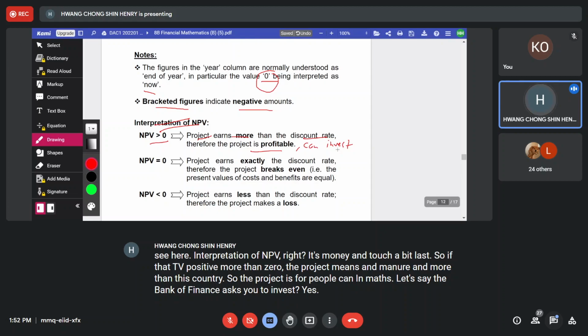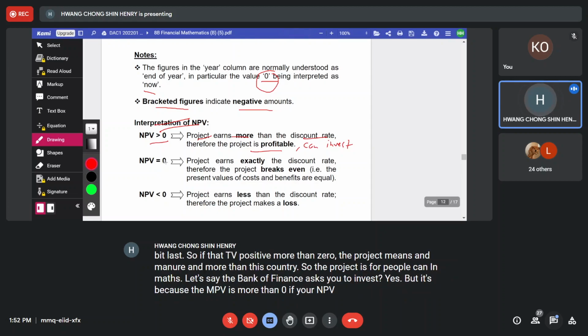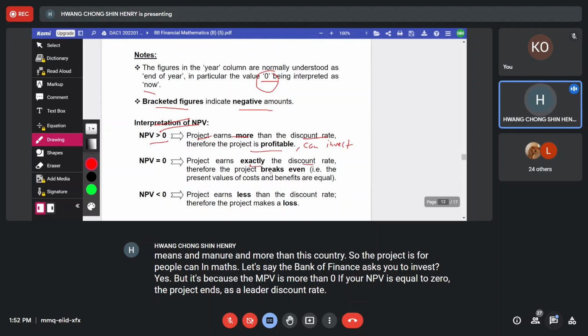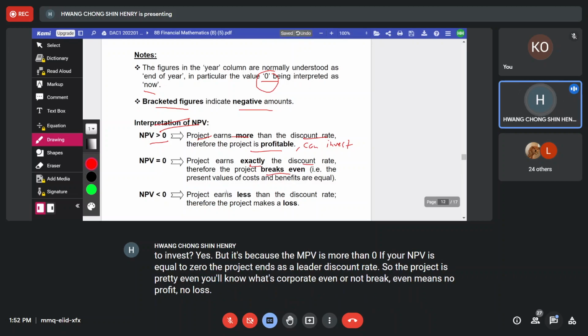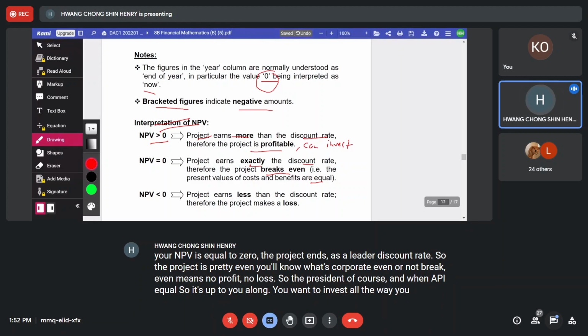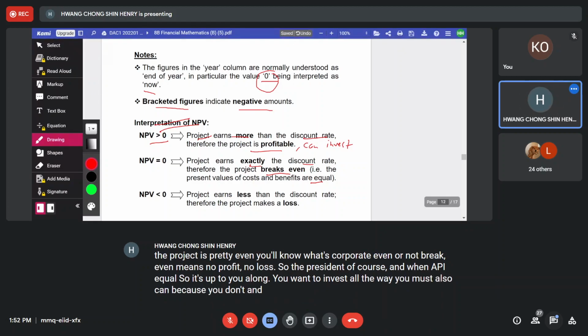Yes, invest because the NPV is more than 0. If your NPV is equal to 0, the project earns exactly the discount rate. So the project is break even. Break even means no profit, no loss. So the present value of cost and benefit are equal. So it's up to you. You want to invest or don't want to invest also can, because you don't earn, you break even.